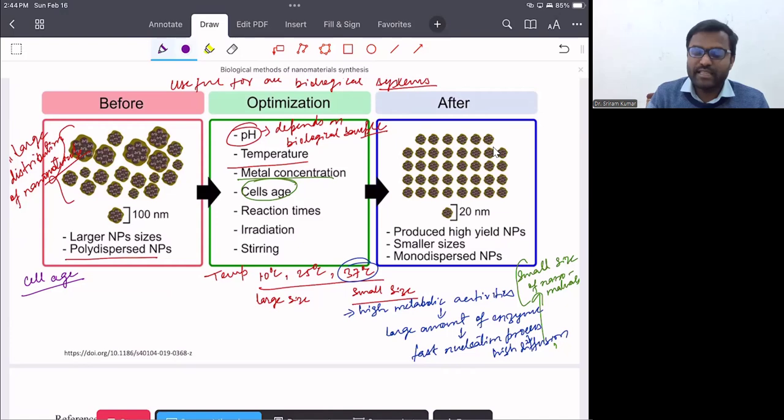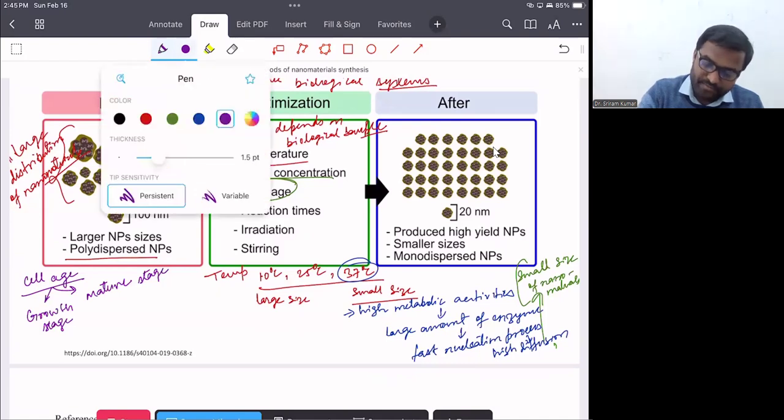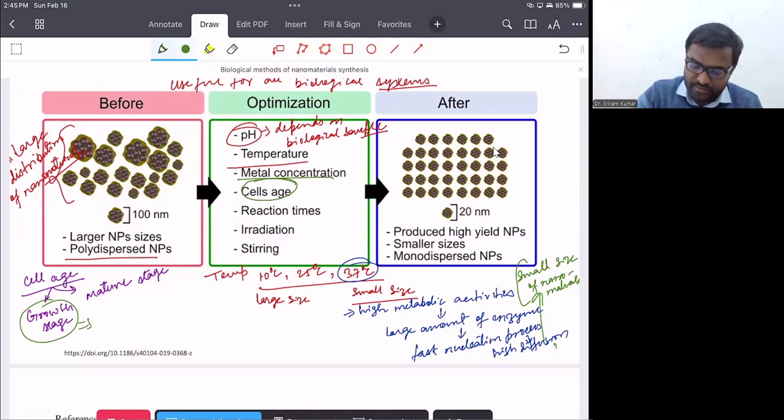Let's understand how it works. We may have the growth stage or the mature stage of the cells. For nanomaterial synthesis, the growth stage is preferred, so we need to use the growth phase.